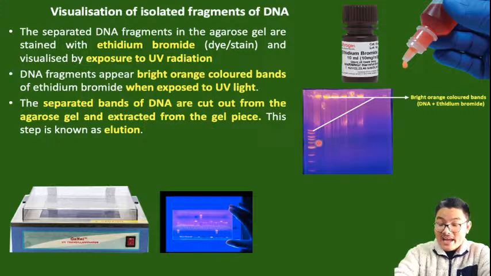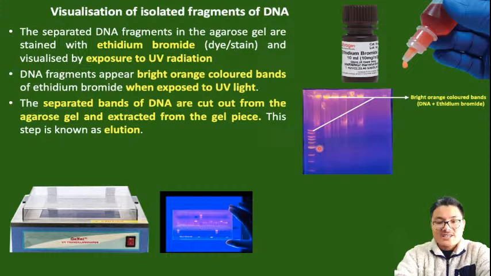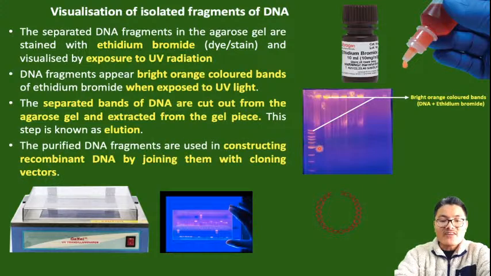And that desired DNA, after amplifying with the help of PCR, after making it into many copies with the help of PCR, we can even use it for construction of our DNA. So the purified DNA fragments can be used for constructing recombinant DNA. How?